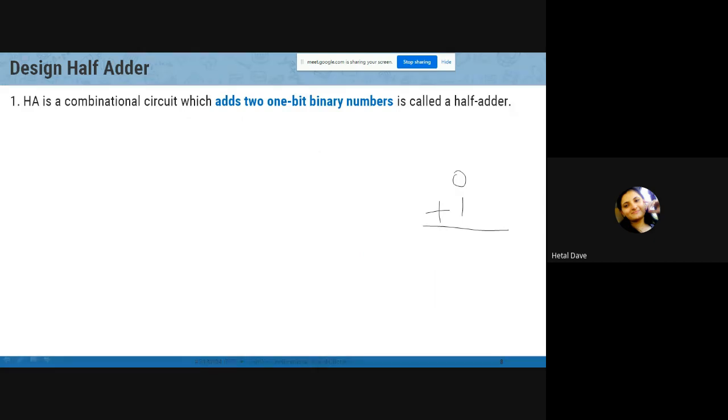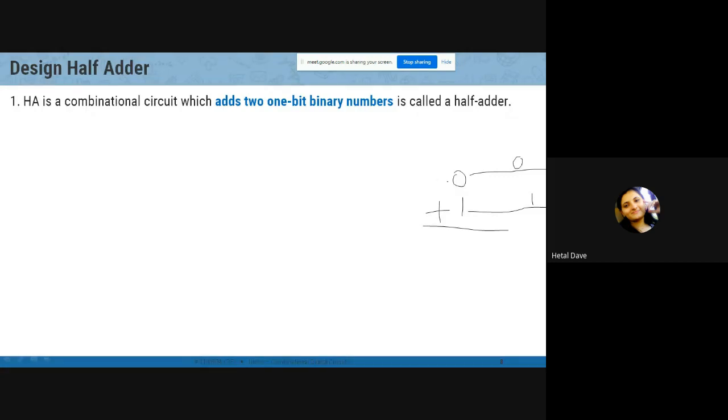How many outputs can it have? So over here I need to add this 0, which means one terminal would be there at the input side that can accept this 1 bit. Second terminal of this circuit can accept 1. Then this circuit will add 0 and 1 and can generate the output.